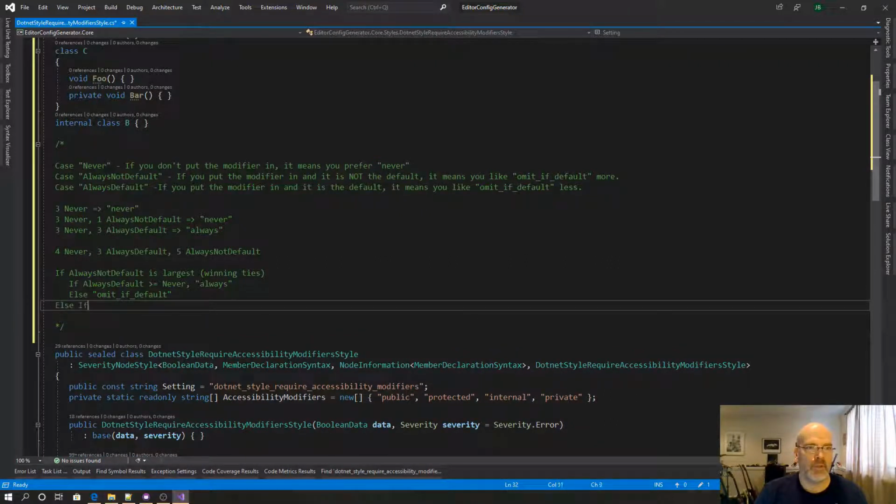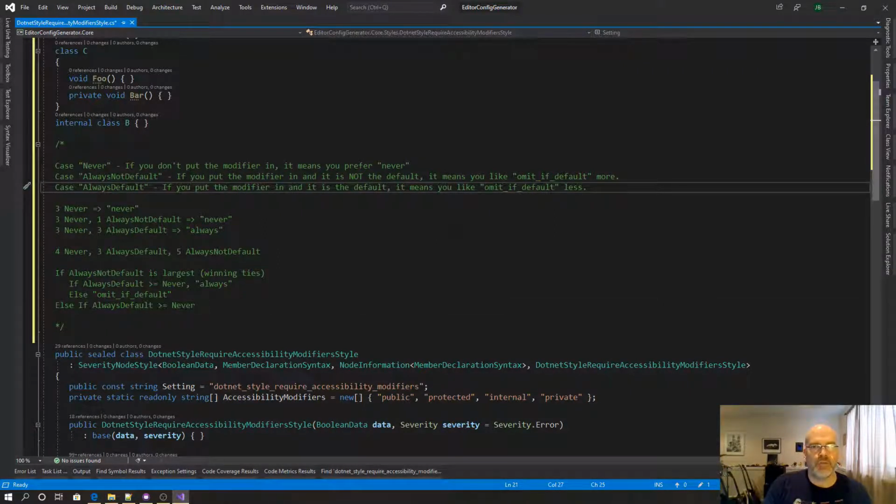Else, if always default is largest winning. So no. Is greater than or equal to never. So always default means that you pretty much don't like omit if default.